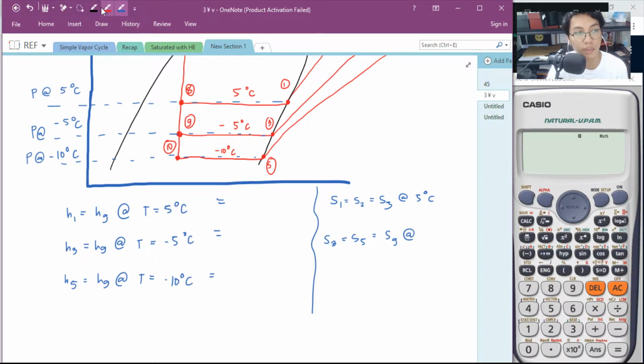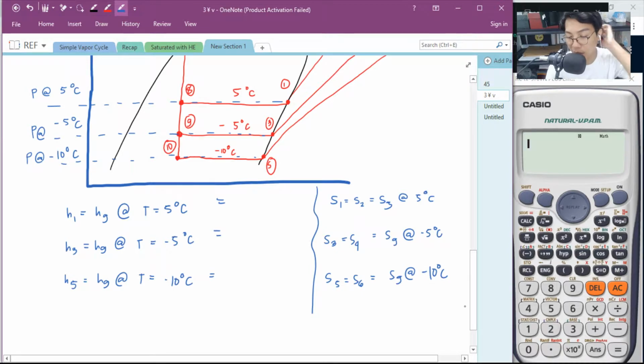S4, this is S4 ha, Sg at -5 degrees Celsius. S5 is equal to S6, that is equal to Sg at -10 degrees Celsius. Yan yung mga dalawa nating hahanapin sa chart.